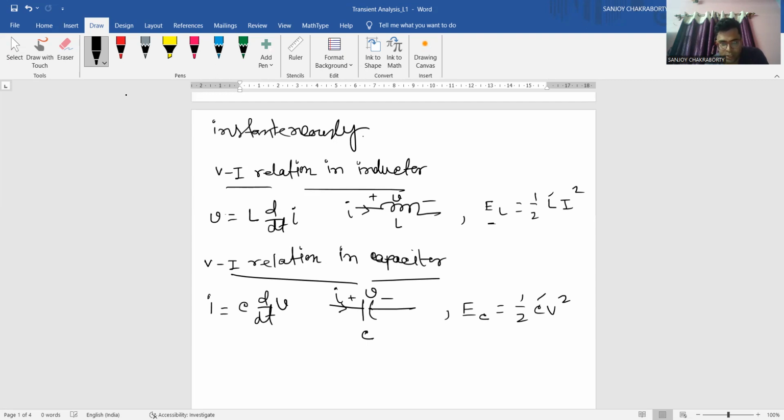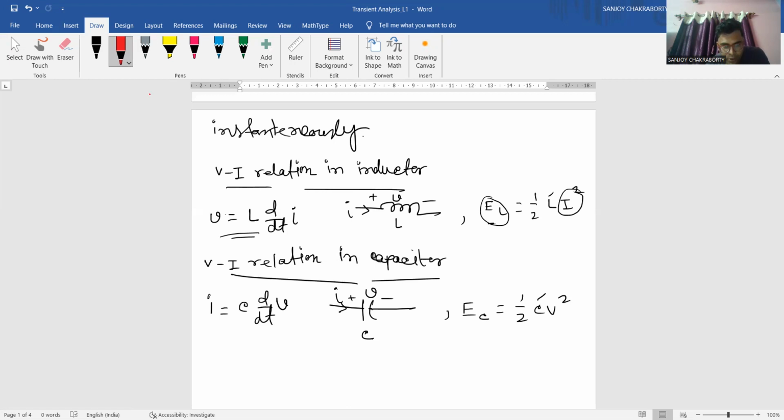So energy in inductor is proportional to current. Now, V equal to L di/dt. If this energy needs to change instantaneously, then this current needs to change instantaneously.